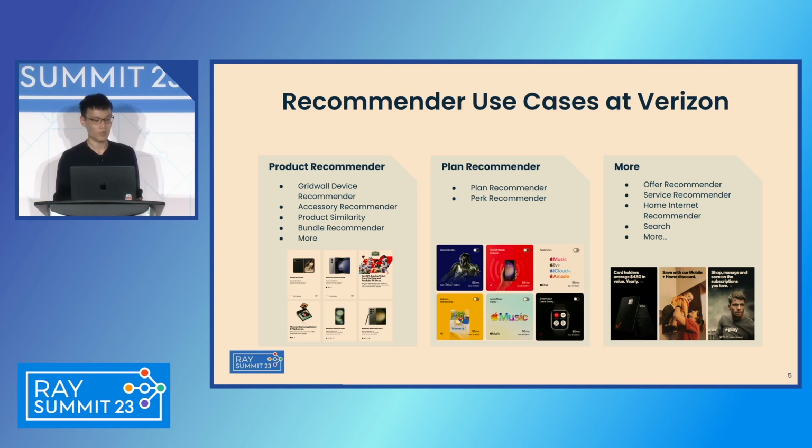Things like our homepage, where we show different devices as recommendations to our customers. We also have cross-sell-based accessory recommenders, and places where we display product alternatives leveraging a similarity model. We also have build-a-bundle for customer sections, where we display what goes well together as a bundle recommender, and a lot more under this category.